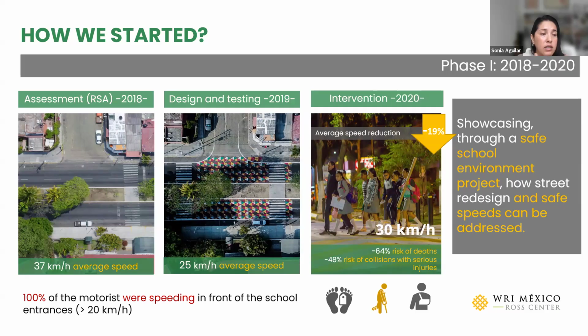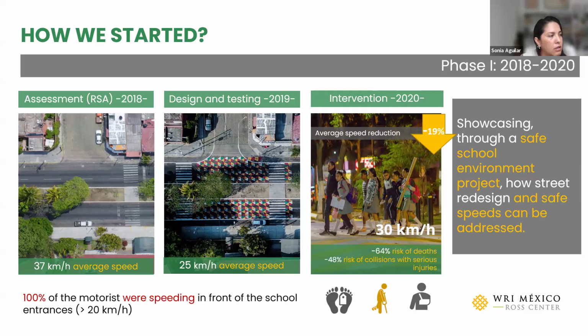Through a spatial diagnosis, we identified four main areas in the city that concentrated road traffic crashes during school days and school schedules. We carried out this showcase in three phases. The first was to assess the problems we identified in the selected school area. The second was designing and testing, and the third was making a permanent redesign solution. These are the three photographs you have on this slide.